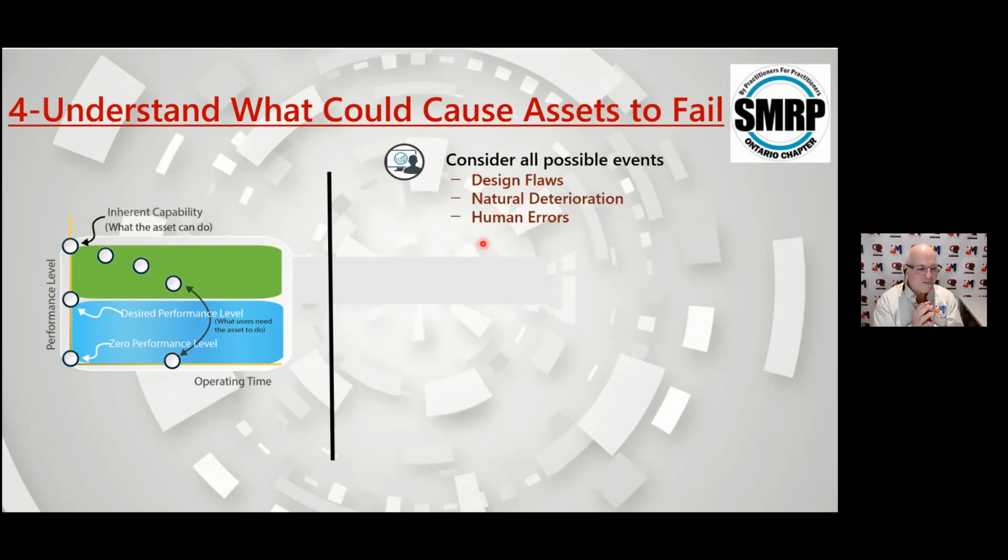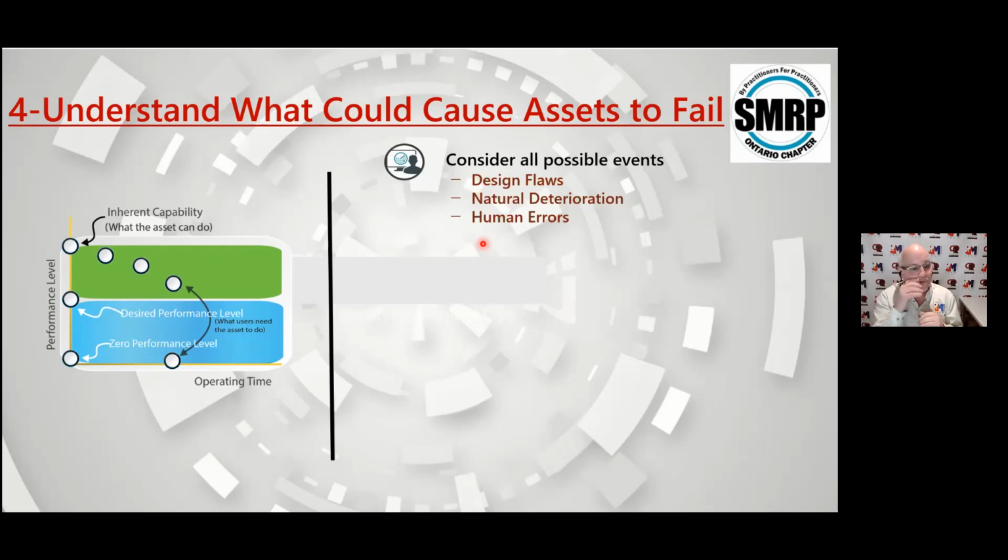But there are design flaws that are causing failures today, and we are not tackling those. There are human errors that live with us and cause problems. We need to bear in mind that we need to solve all these problems.